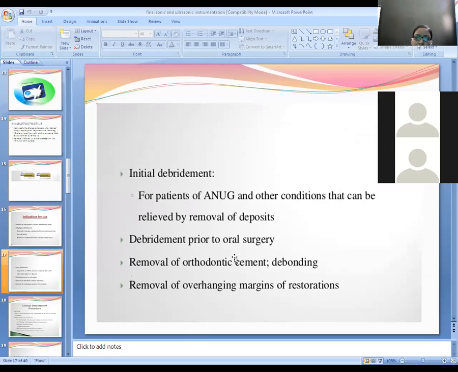These are also used for initial debridement for patients with acute necrotizing ulcerative gingivitis and other conditions that can be relieved by the removal of deposits. Also used for debridement prior to oral surgery, removal of orthodontic cement, and removal of overhanging margins of restorations.